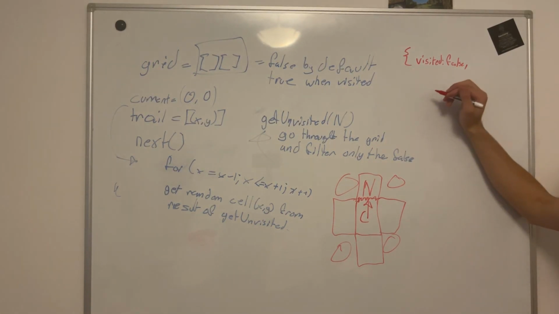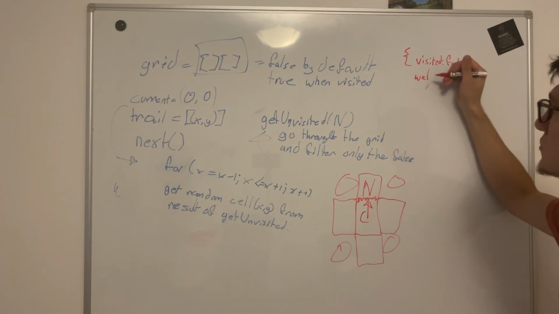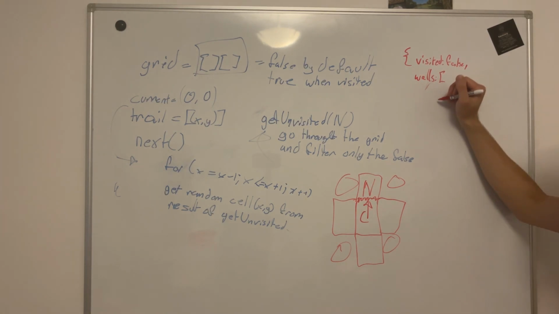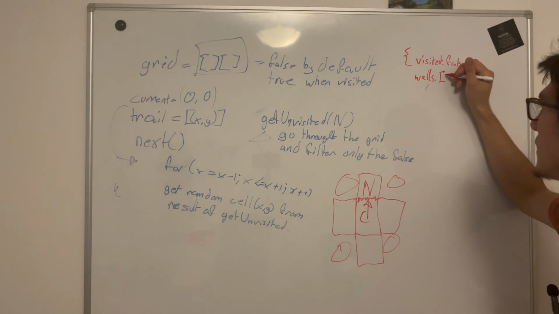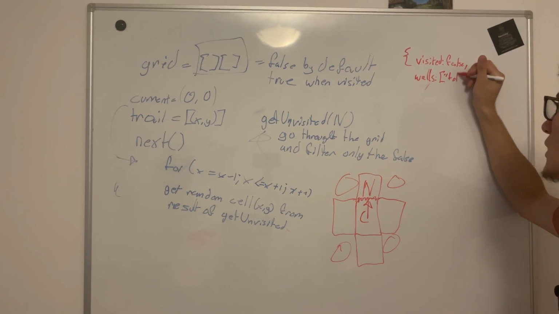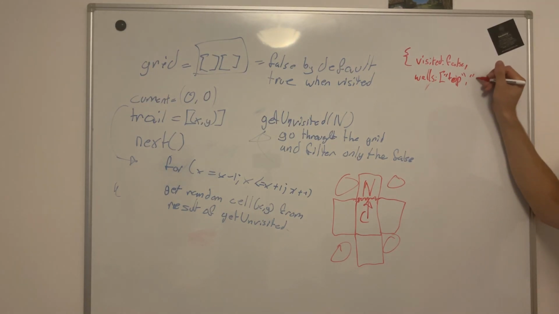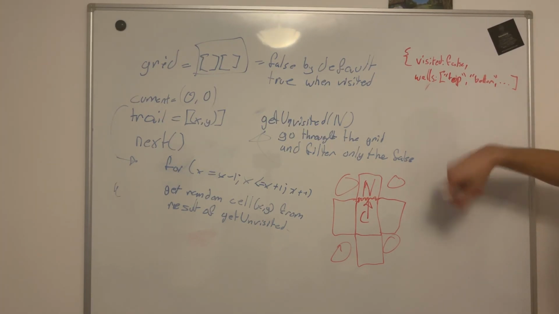And then it could also have walls, which would be, let's say, an array which would have, in quotes, as strings, like top, bottom, so on and so forth, right? And we could just remove whichever one we want from here.